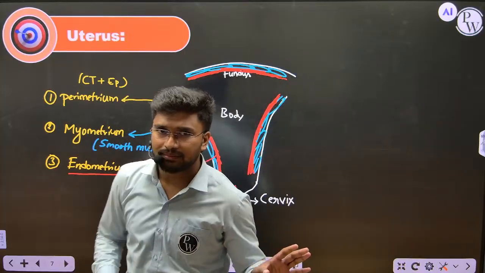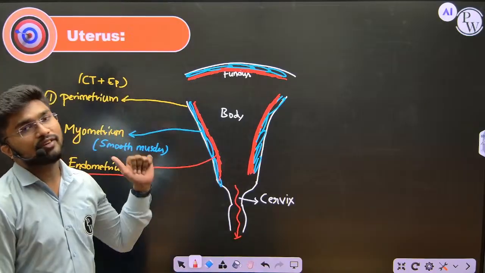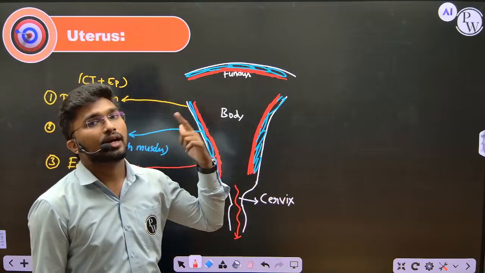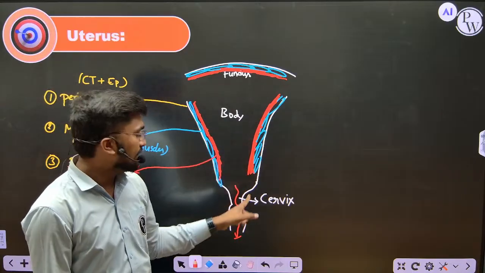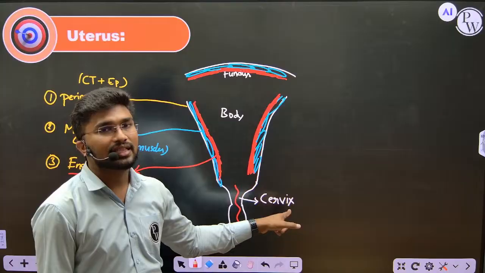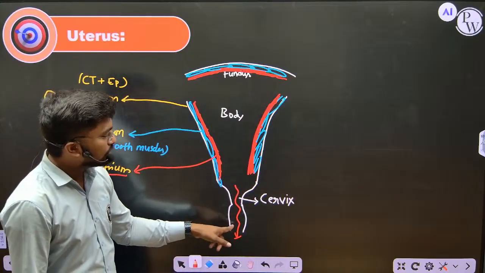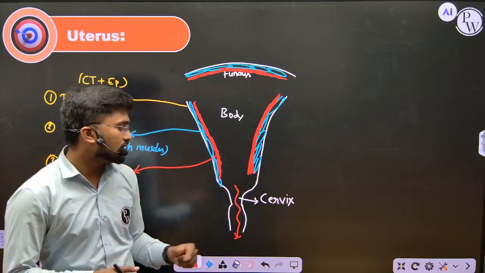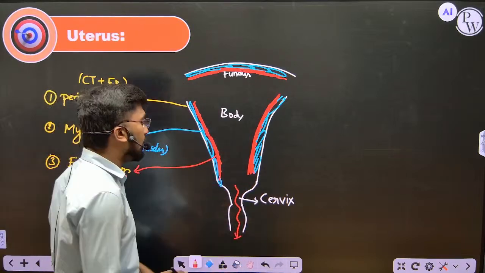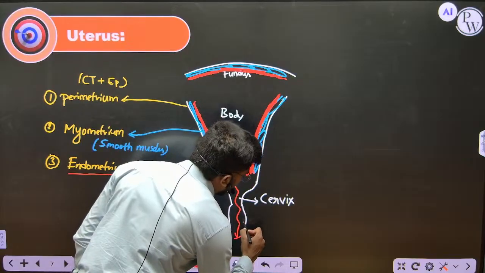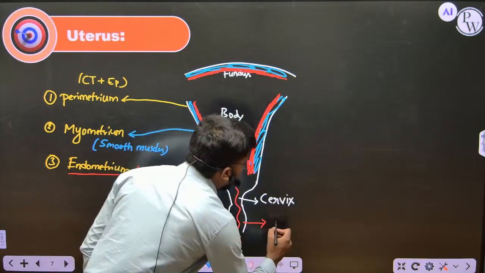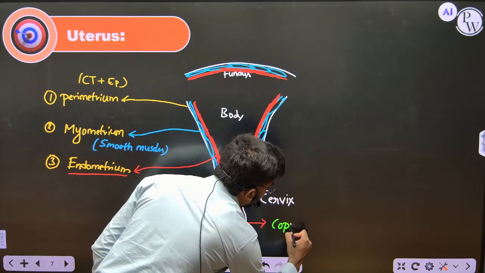Are we clear? So we completed the fallopian tube. We understood the length of the fallopian tube and the different parts present. Then we completed the uterus. Next, the neck of the uterus is called the cervix, which leads to a canal. This canal is called the vaginal canal, also called the copulatory canal.